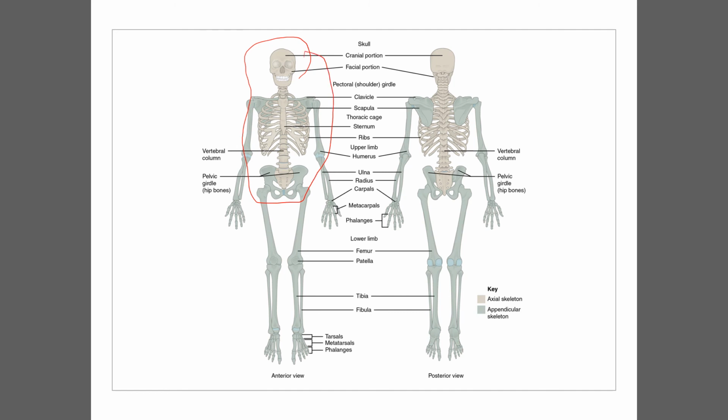All right, and then you can review the bones of the appendicular skeleton to help you with the next part of the lecture. So bones of the appendicular skeleton, which include the clavicle, the scapula, the humerus, the ulna and the radius, the carpals, which make up the wrist, the metacarpals of the palm, and the phalanges, which are the fingers.